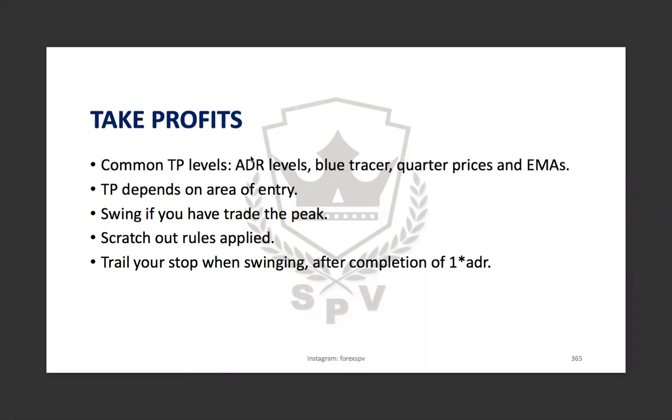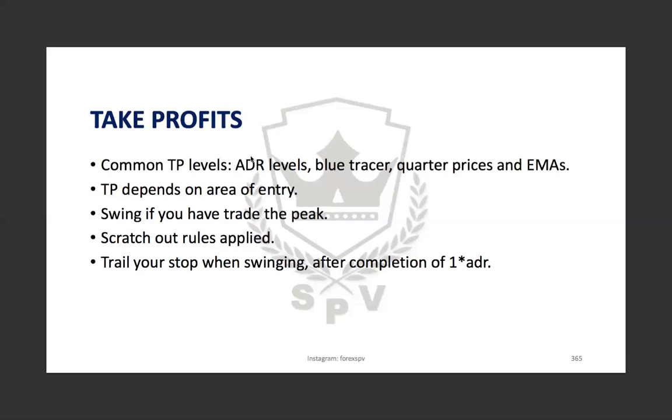For swinging, you need to swing if you traded the peak, or maybe a safety trade. But the peak trades are usually good for swings. But scratch out rules are applied.